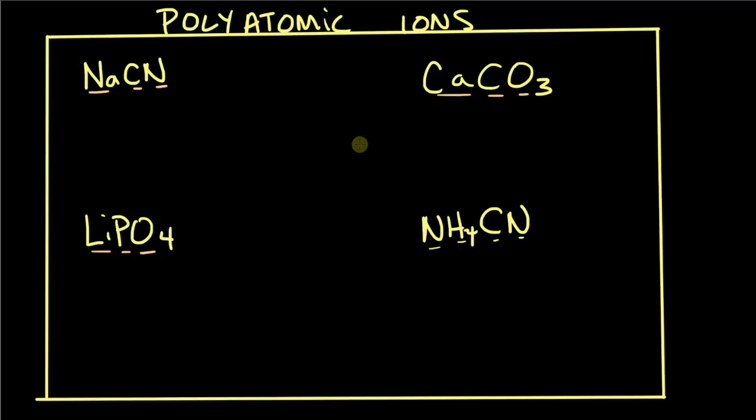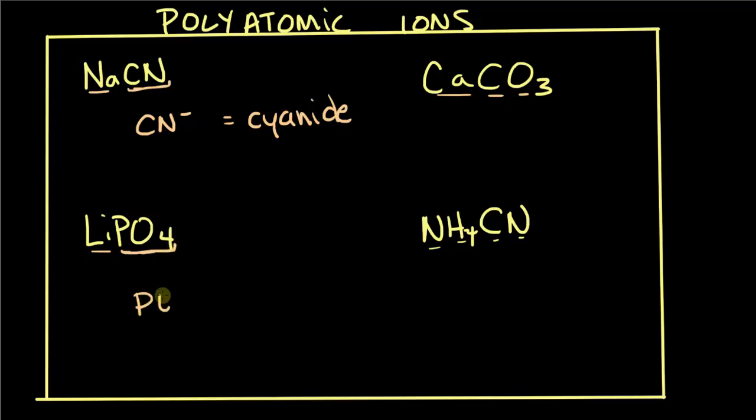Well, eventually you may have this memorized because of dealing with these compounds a lot. But at first, you can just make reference to a table. Your teacher should give you a table, or possibly there'll be one in your textbook, and you can use that to figure things out. So if you've identified that CN is your polyatomic ion, you just look at your table and you see something like this. CN minus equals the cyanide ion.